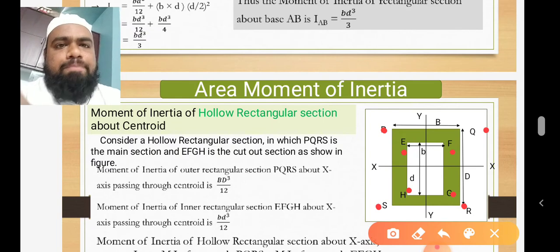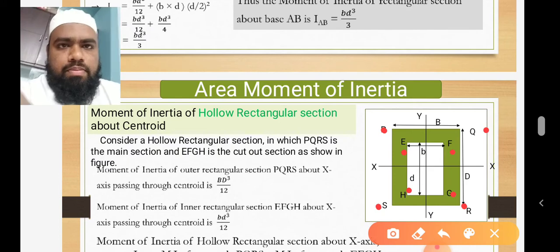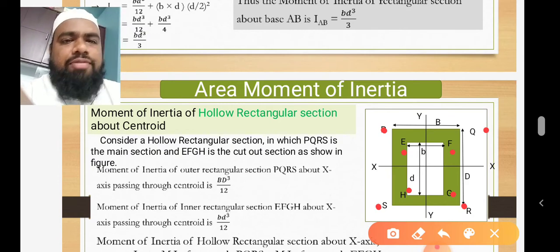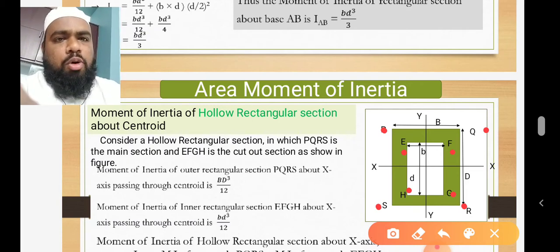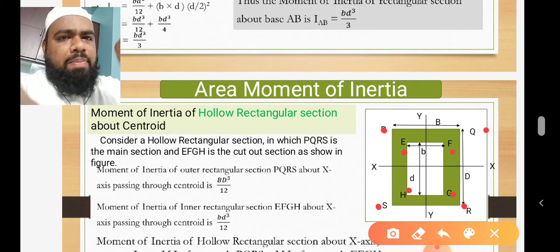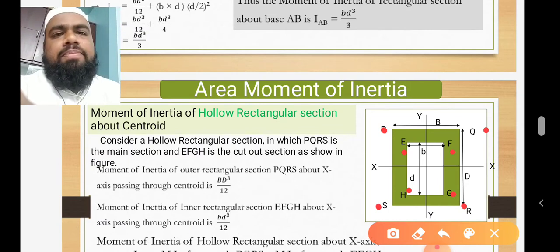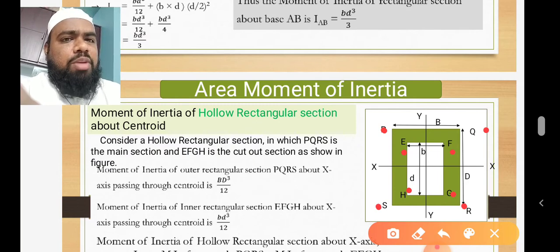So it is like you have a body whose weight is 1 kg. Let us suppose the body is 1 kg. After that, we have cut a center part from that body, and we have removed that material. So obviously we know that after removing the material, the weight of the body will be decreased. Initially the body weight is 1 kg.